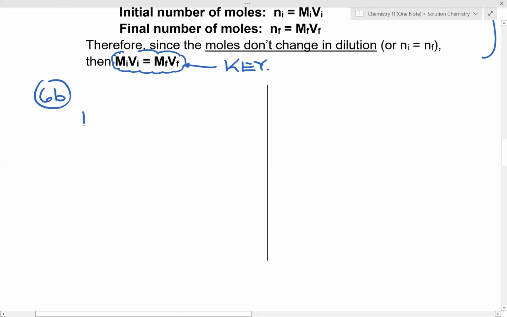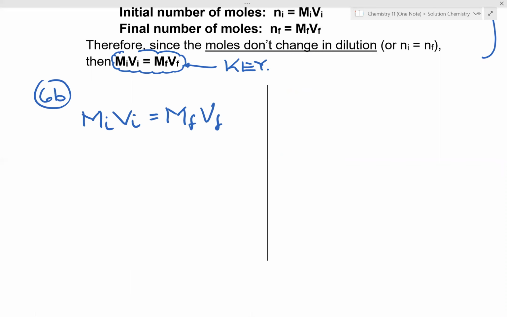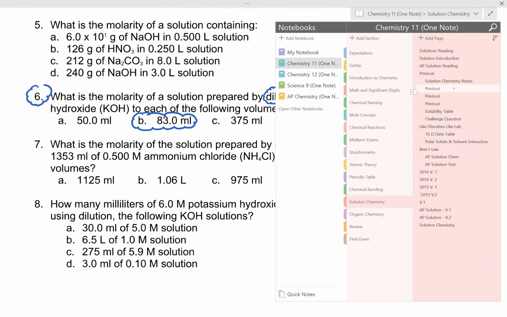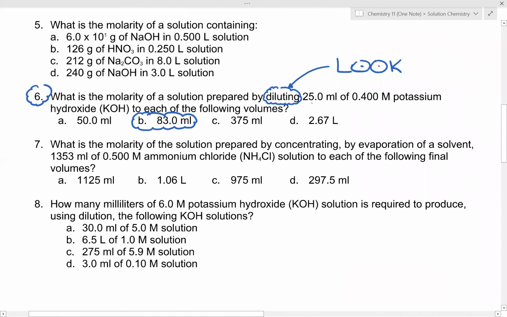so what we do is we go MiVi is equal to MfVf. And if we look at our values here, I start off with 25 mL of 0.4 molarity, and I end off with 83 mL.